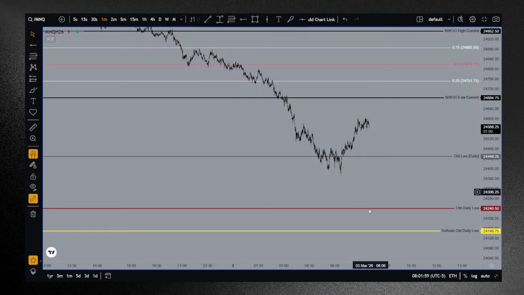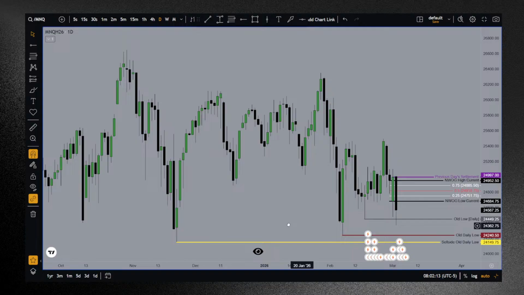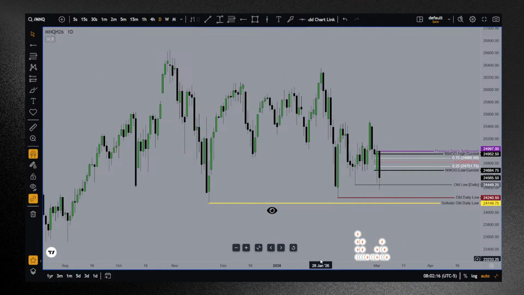On the downside, all of these levels here are or will be magnets, and they will act as the draw on liquidity on the downside. On the daily chart, this is how it looks. So this is the old daily low sell side, this is the respective old daily low here. This one we already have taken.